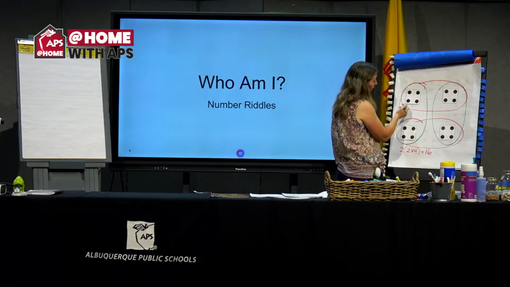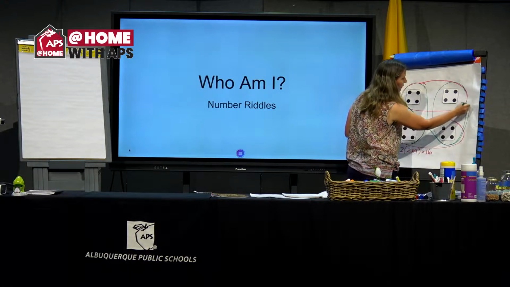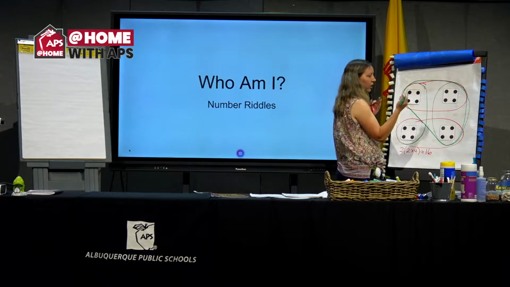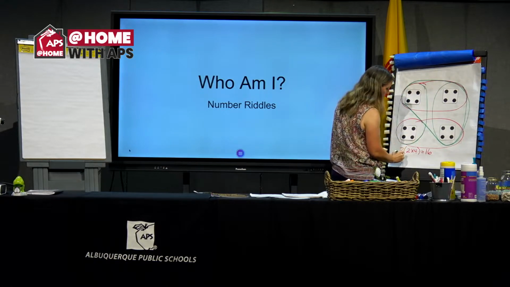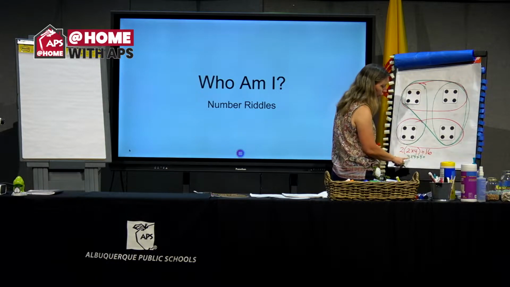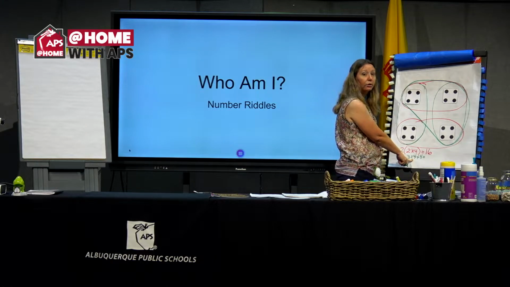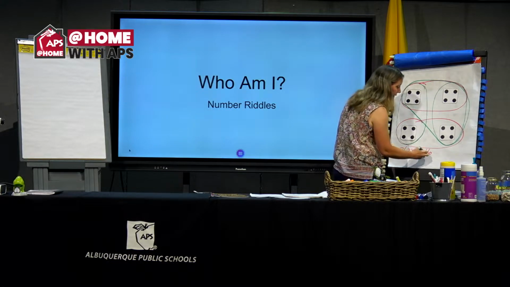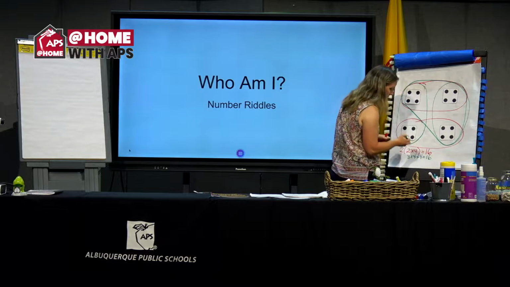Maybe some of you saw it this way, where you had the 3, because last time we kept doing 3 and you're just like, I'm stuck on 3. So you may have done 3 times 4. I only had 1 group of those plus 4. So 3 times 4 is 12. 12 plus 4 is 16.